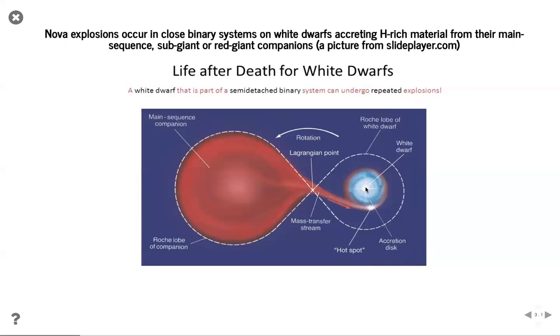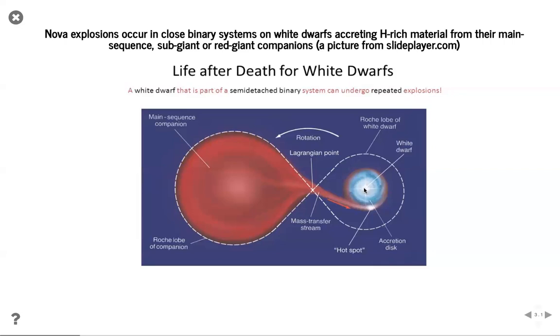So these are compact stars with radius approximately equal to the radius of Earth, and they are in hydrostatic equilibrium thanks to the pressure of degenerate electron gas.